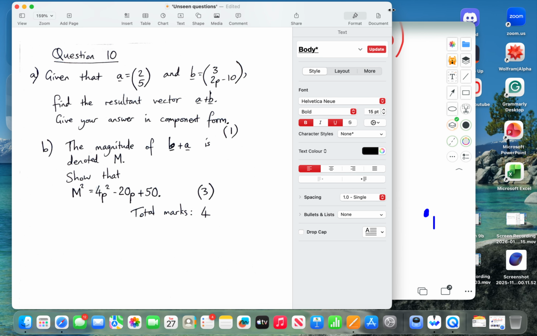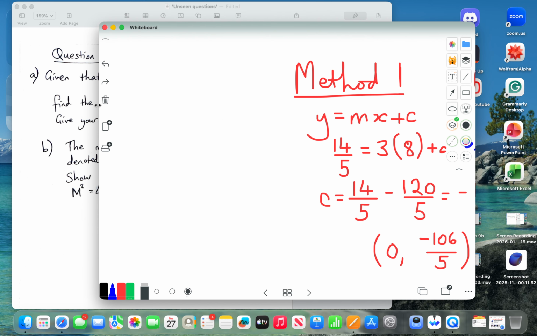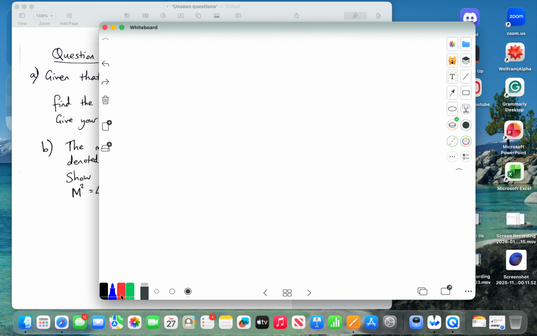Let's look at B, 3 marks. The magnitude of B plus A is denoted m. We have to show that m squared can be given as the expression shown. Now, we have found a plus b, and we know that b plus a is the exact same.